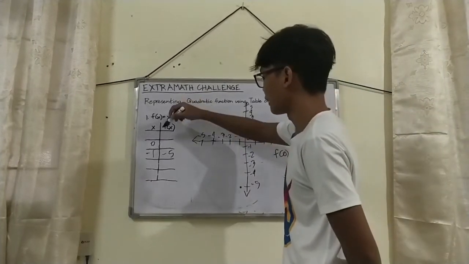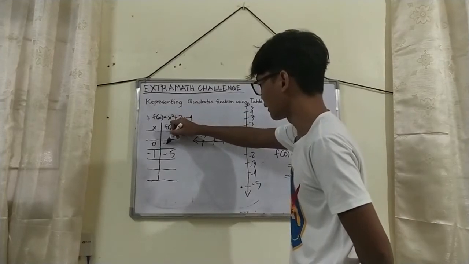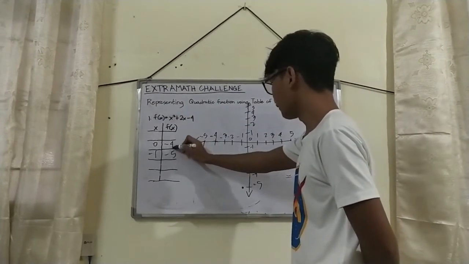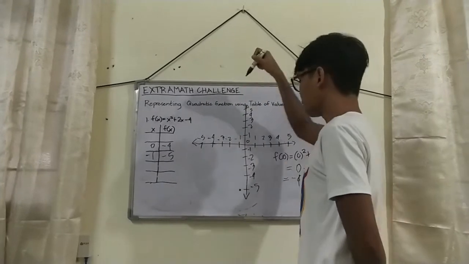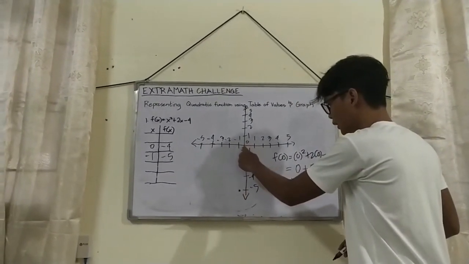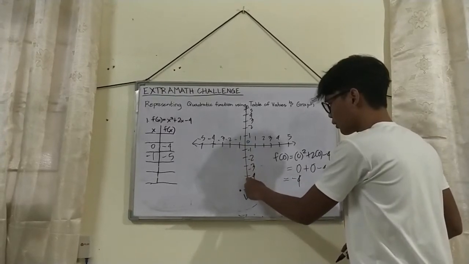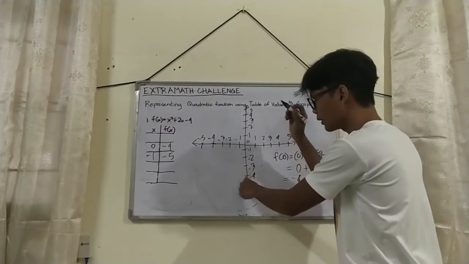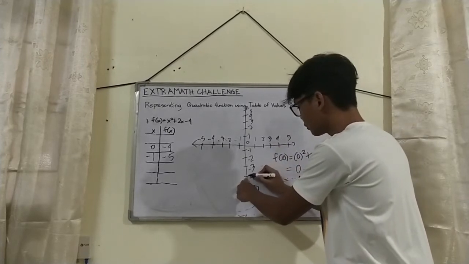And we now have a new coordinate of 0 and negative 4. We will plot this coordinate here, because x is 0 and our y value is negative 4.